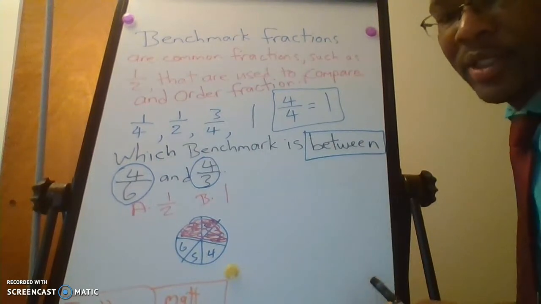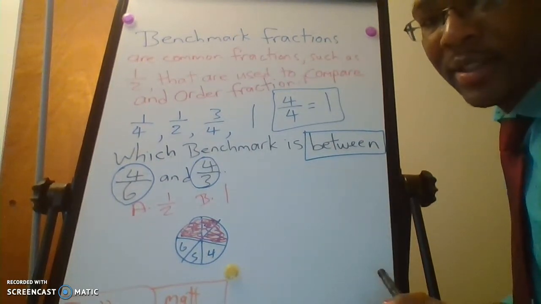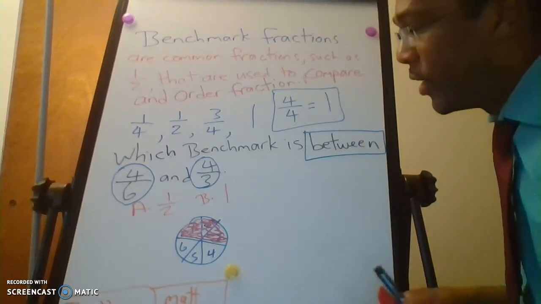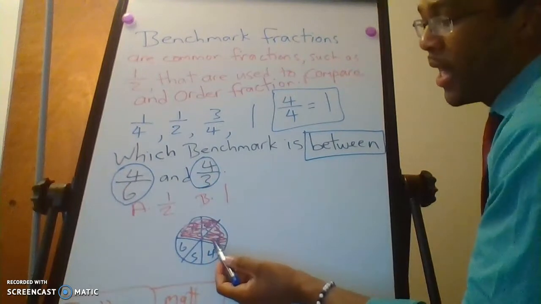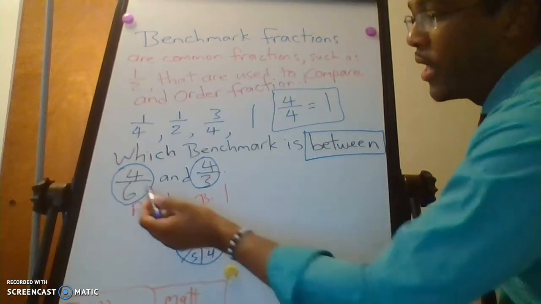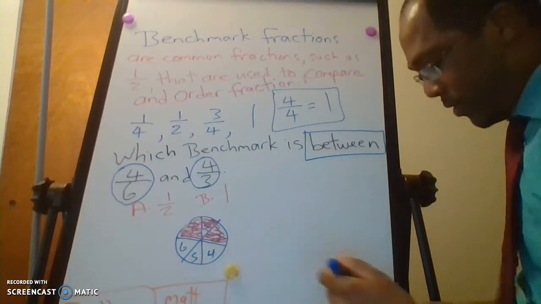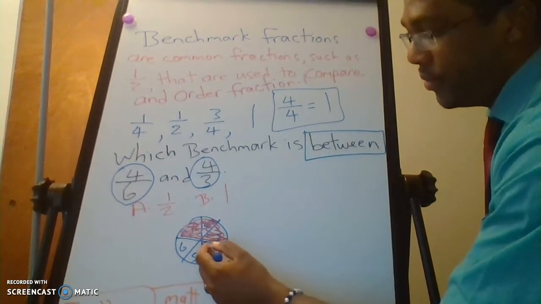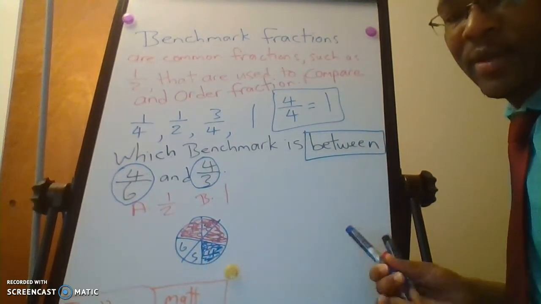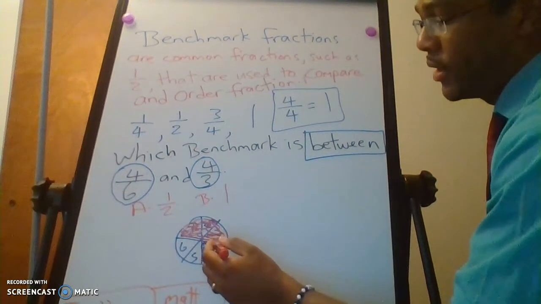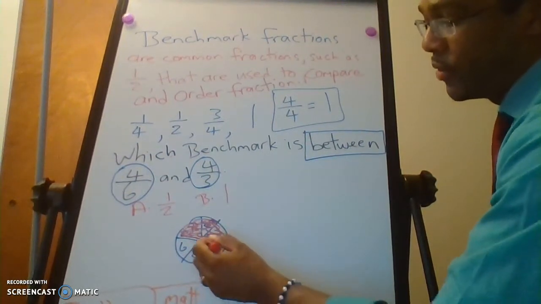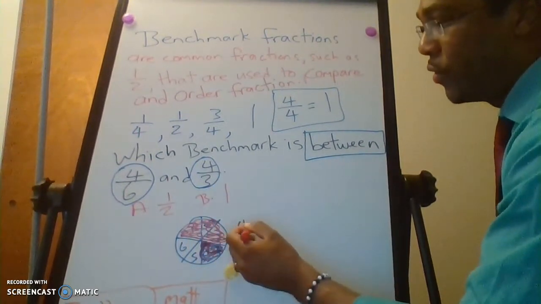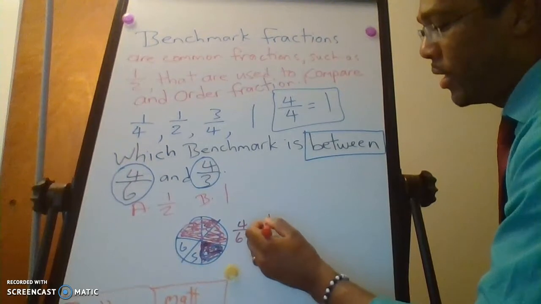But remember, the numerator tells me how many parts I am choosing from the whole. It says 4, but half of 6 is 3, so I have to shade another one, and I'm going to shade it in a different color. So now I know that 4 over 6, which I'm putting in red also, is more than a half. Can you see now? It's more than a half.